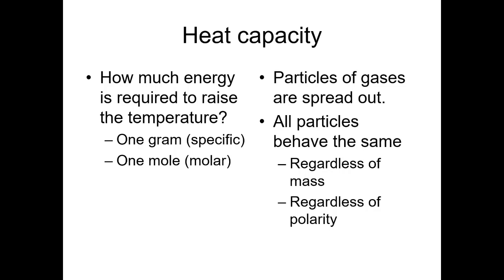So just like it would take a lot more energy to get a bowling ball moving than it would to get a ping pong ball moving, same thing with the atmosphere. So if we're looking at an atom of krypton, which is a noble gas, it's going to require more energy to get moving than, say, a molecule of nitrogen or a molecule of hydrogen.